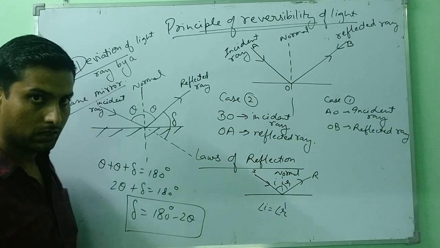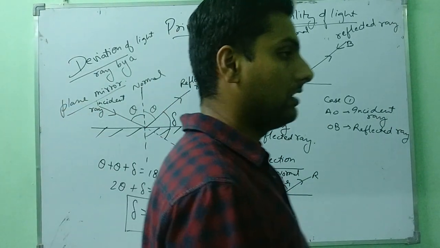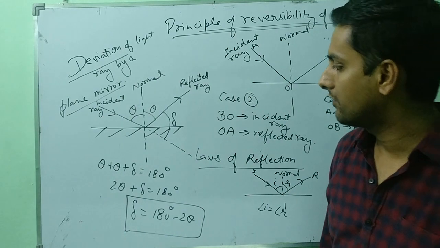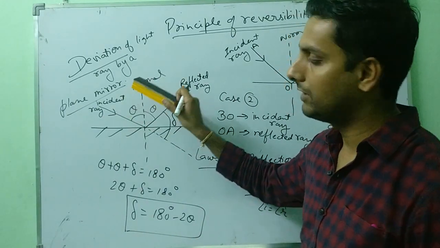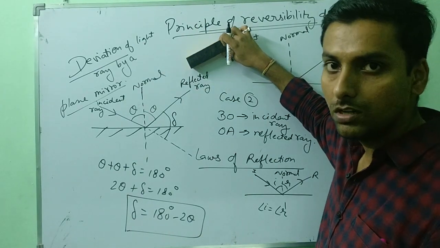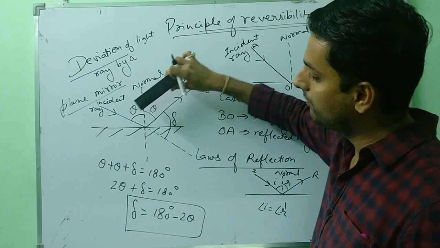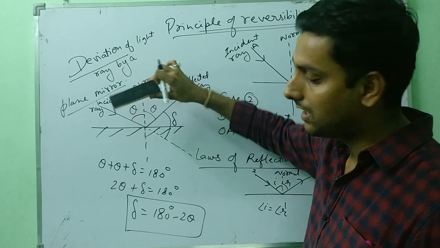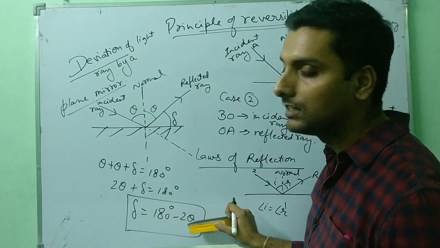So whenever the incident ray strikes a particular surface at an angle theta with the normal, then there is always a deviation of the reflected ray from the original path of the incident ray by an angle of 180 minus 2 theta.